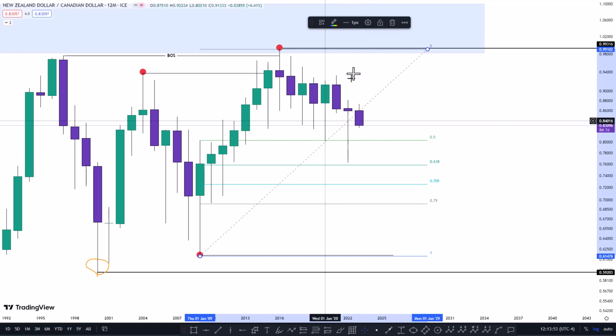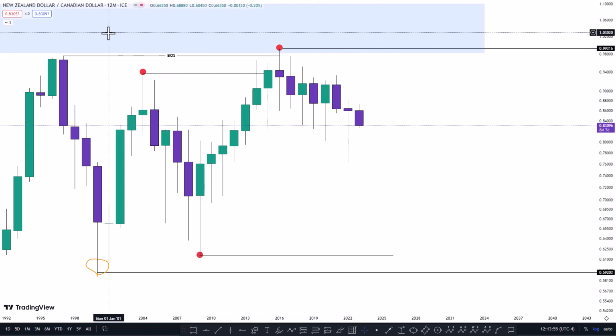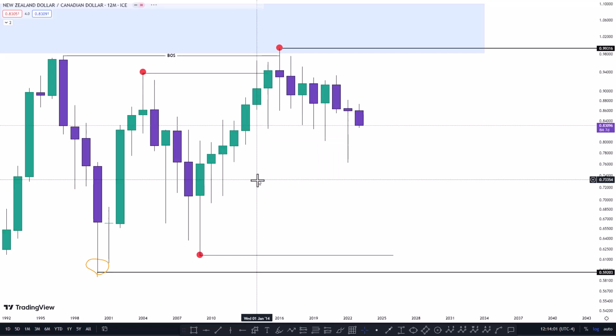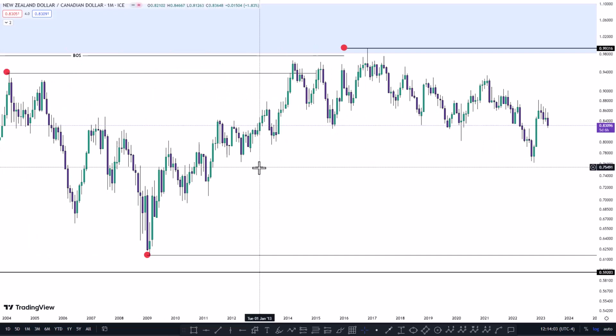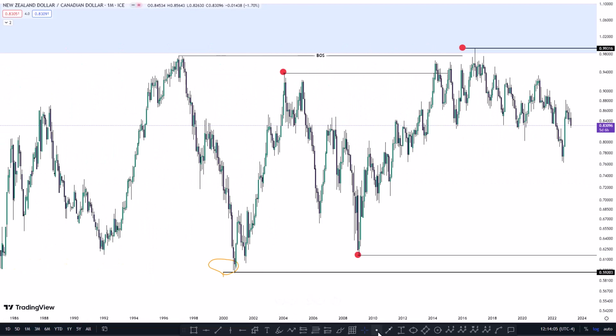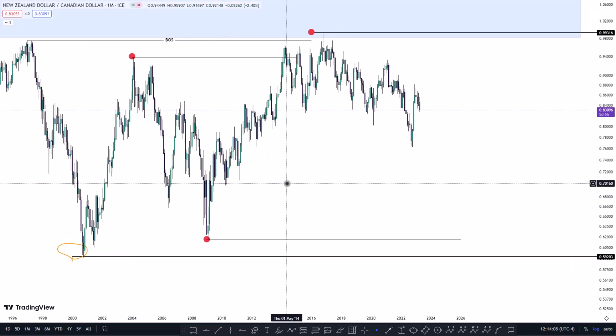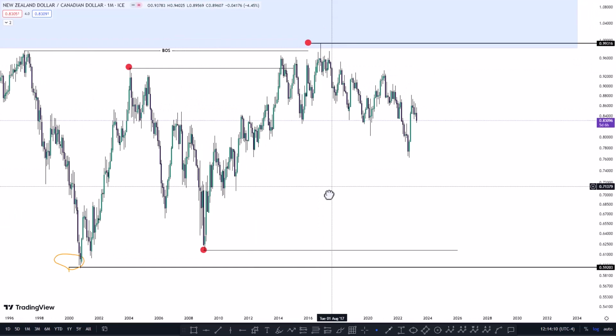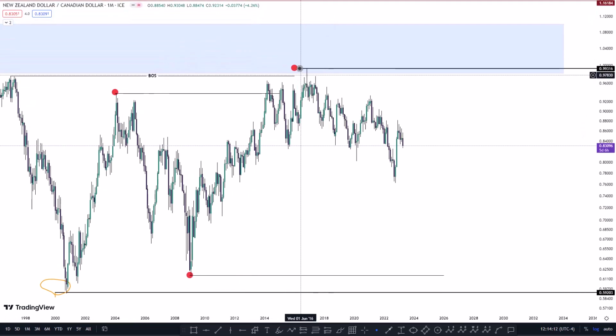Hope you understand. Now, since we have an idea of what we have on the 12-month time frame, we can simply go to the monthly time frame to study the structure the market is using to create this downtrend. So, this was the high.